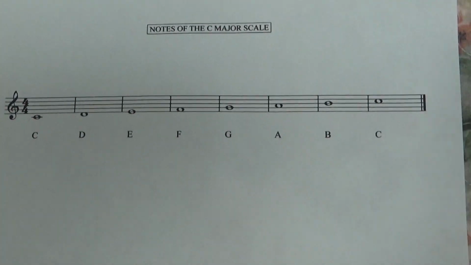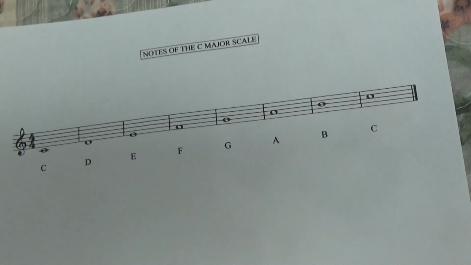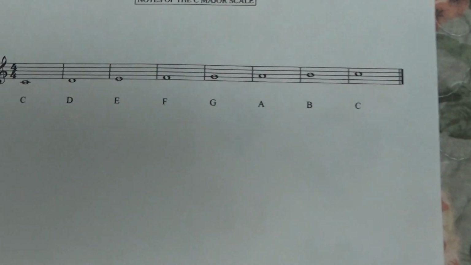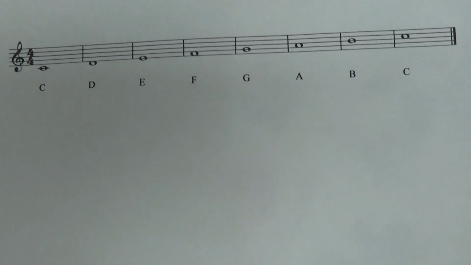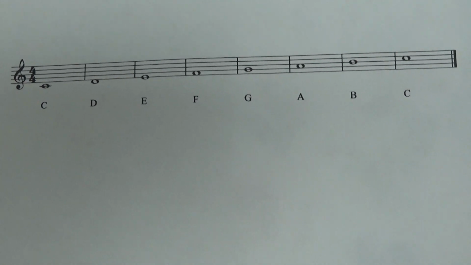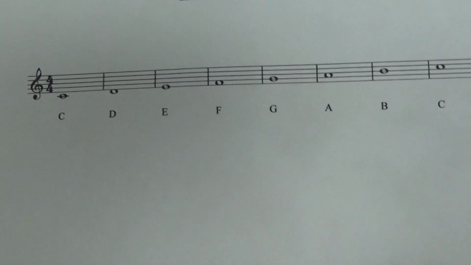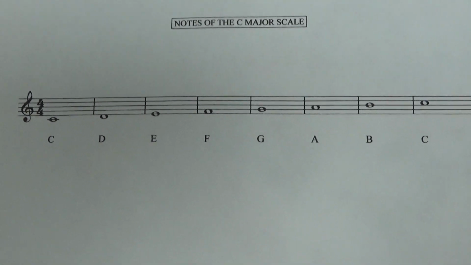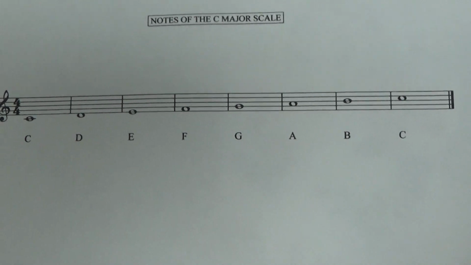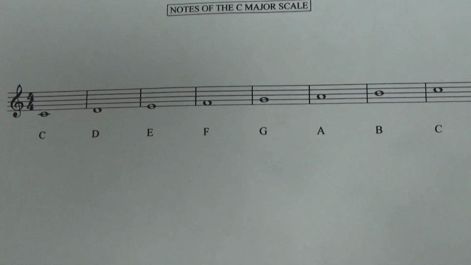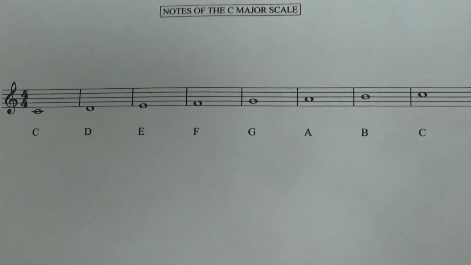So if you have the low C to the low C, that's called the prime. If we went C to D, that's the second. C to E is the third. C to F is a fourth.